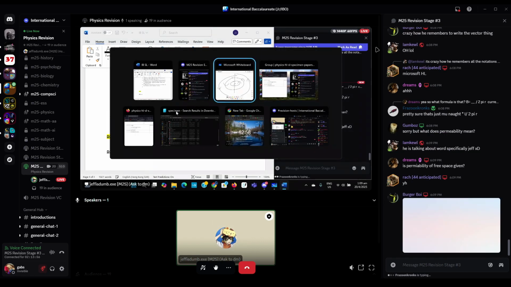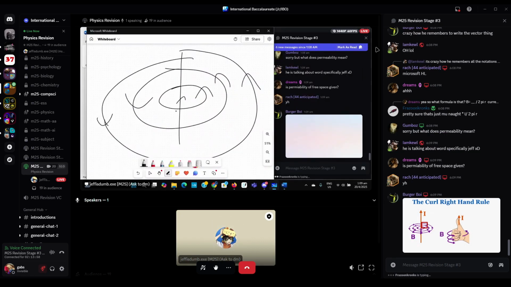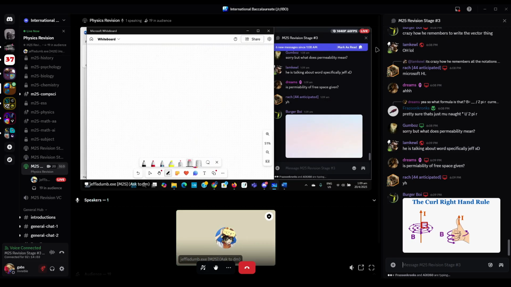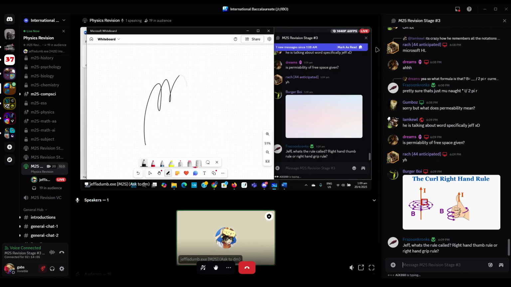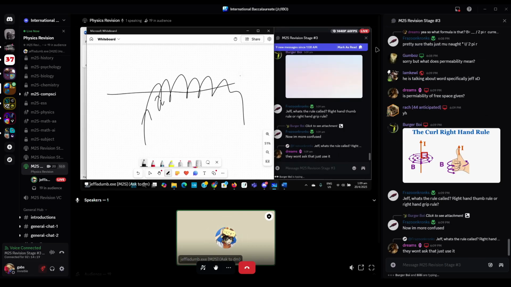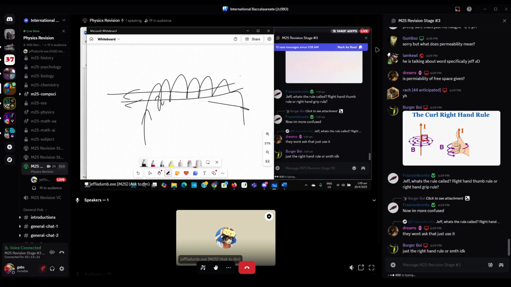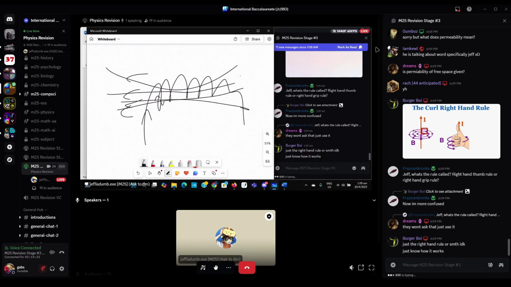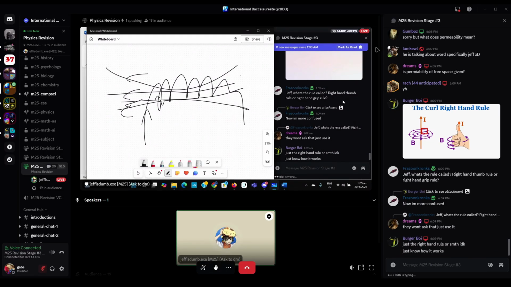If we have a solenoid and the current flows this way and it curls downwards then up, you'll see that the B field will go this way. Right hand grip rule.